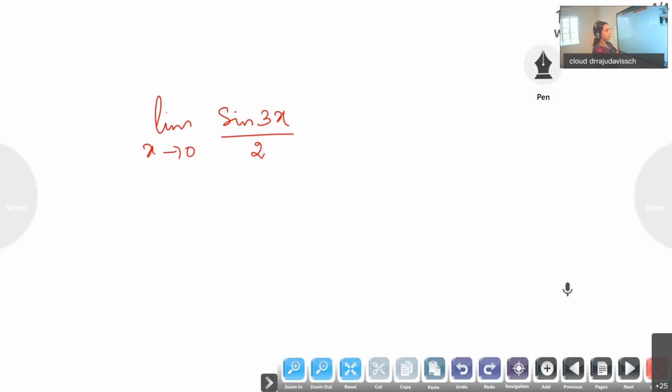When we put x is 0, what happens? Sine 3 into 0 by 2, which is the same as sine 0 by 2. And what do we know about sine 0? 0. So it is 0 by 2, which is 0.